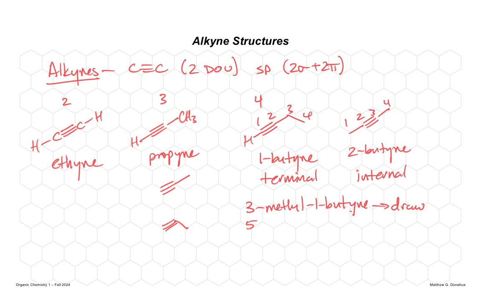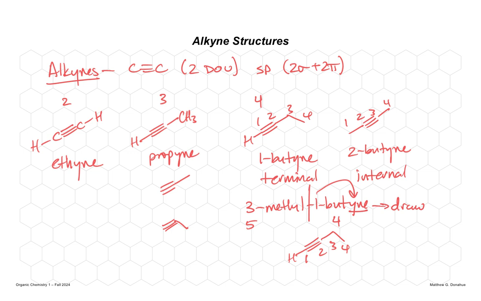So we see that, okay, there's a triple bond. The longest chain is 4 carbons, and the triple bond has to start at carbon 1. So I've done the main parent part of the molecule.